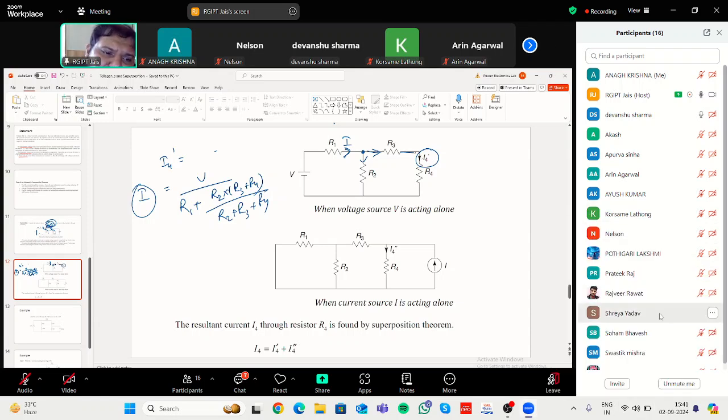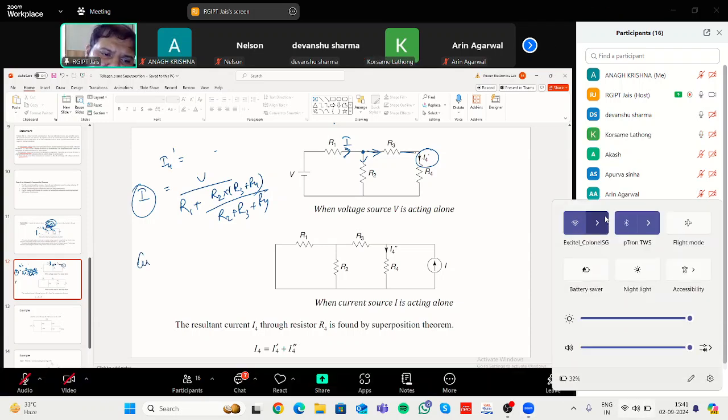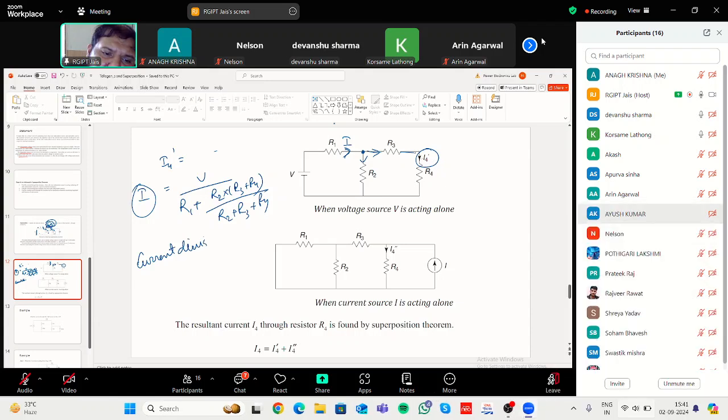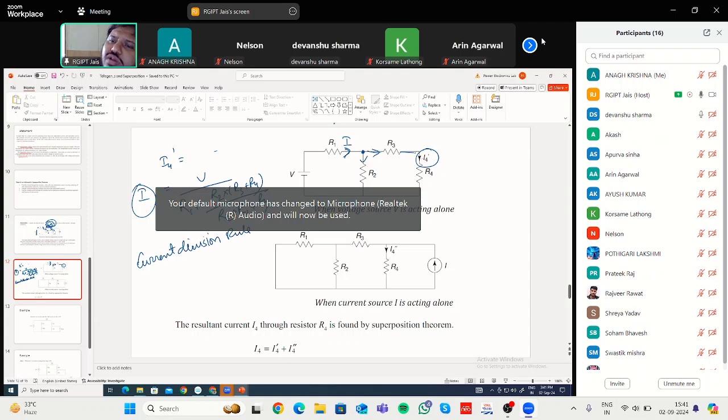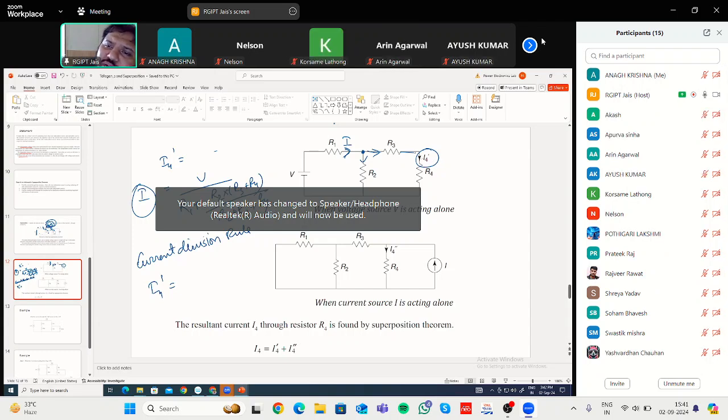Using the current division rule, we want to find I4 dash. In the numerator you have to write the resistance of the other path.